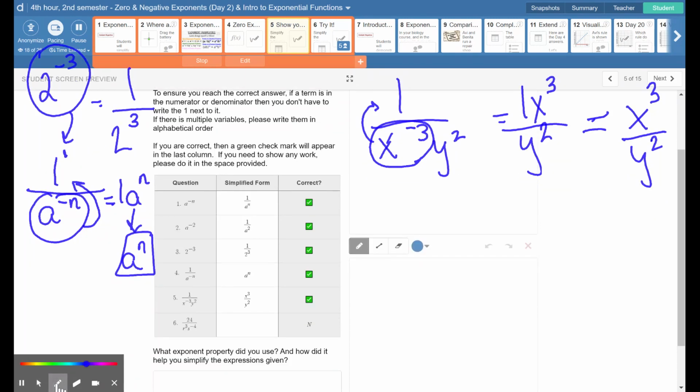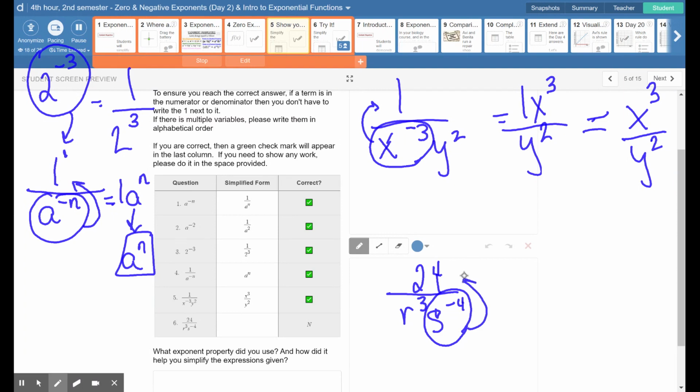Number 6 is also the same. So we're going to have 24 over r to the 3rd power, and then s to the negative 4. The only term that has a negative exponent is the s. So we have to move locations.